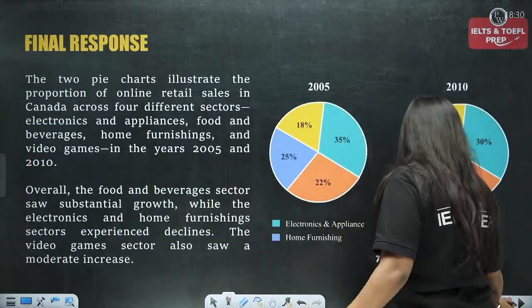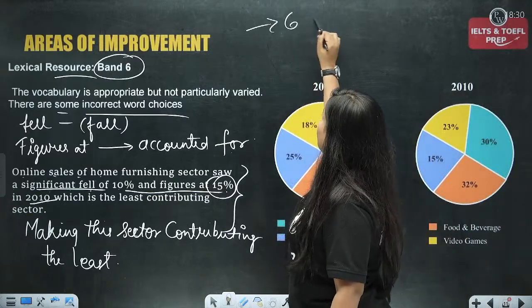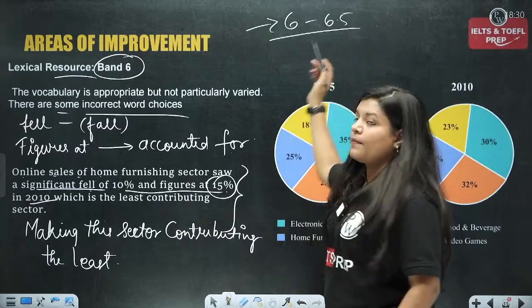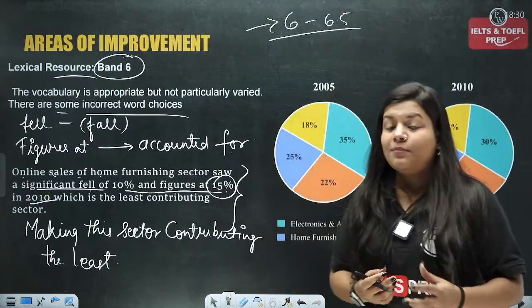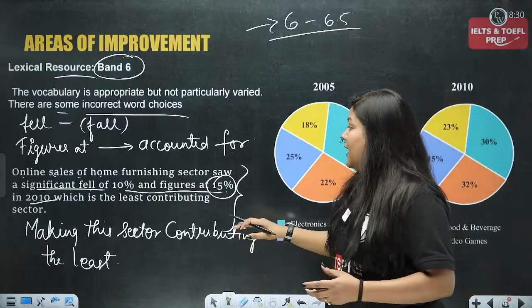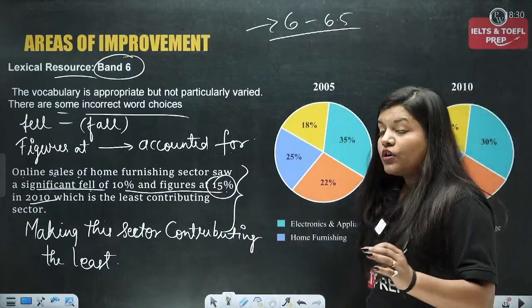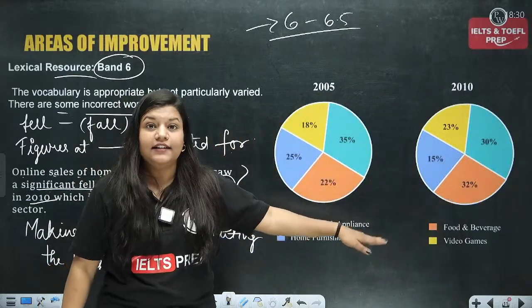So before moving to the final response, as you can see, this student is lying somewhat at 6 to 6.5 band score on an average in this question. Okay, so make sure you be very precise in writing the answer. And yes, one more thing I forgot to mention. Focus on the question. If it is written electronic and appliance, write it like this.